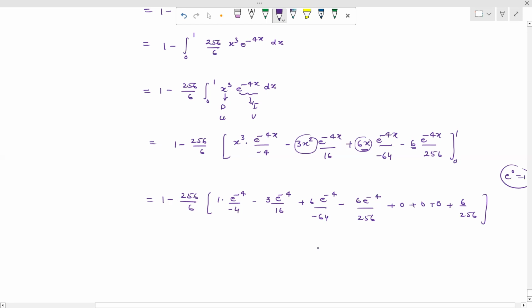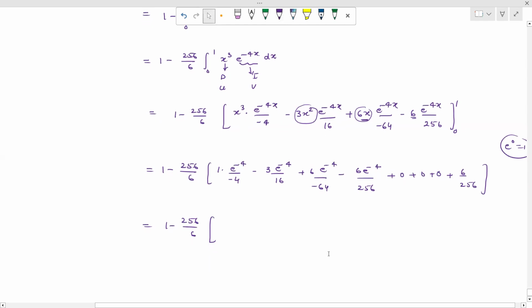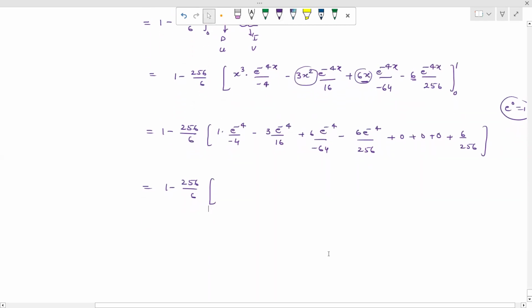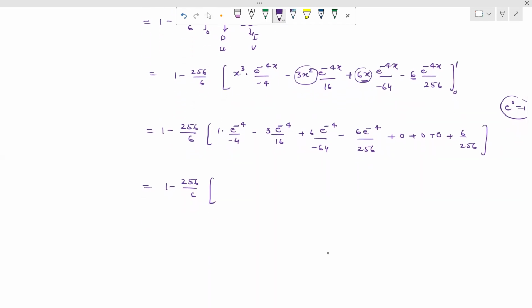So now we simplify this. 1 minus 256 upon 6, and here we take 256 as the LCM.